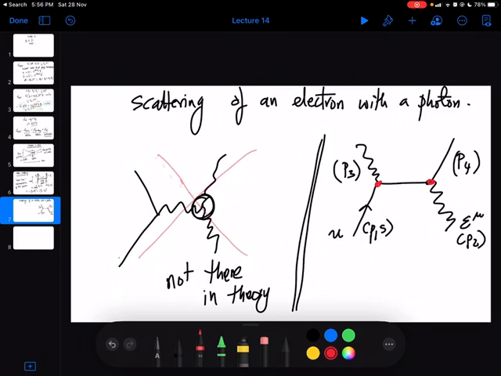So again, this is time in this direction. These are your in states and these are your out states. But now here you see the exchange of an electron. So this electron is also a virtual. So I have given you two examples.